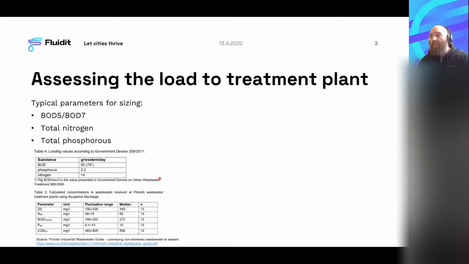In Finland, we have these basic sizing parameters: BOD 50 grams per resident per day, phosphorus 2.2 grams per resident per day, and nitrogen 14 grams per resident per day. But these vary from city to city and from country to country.